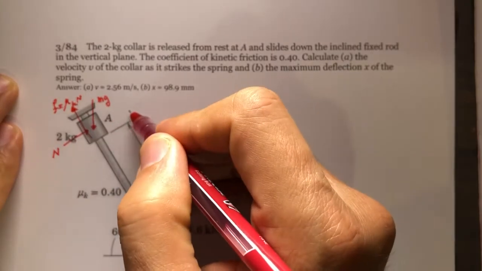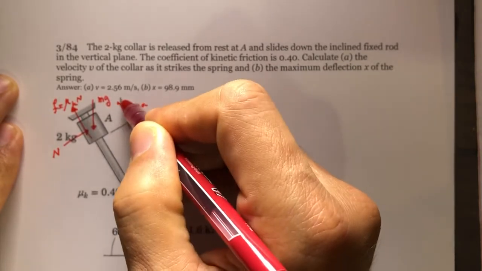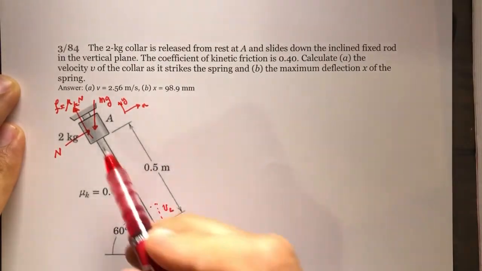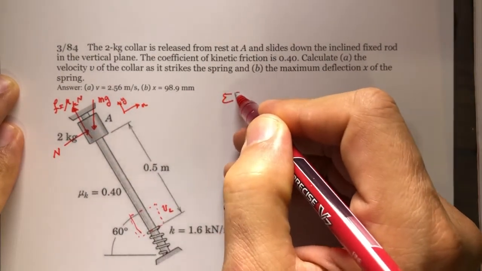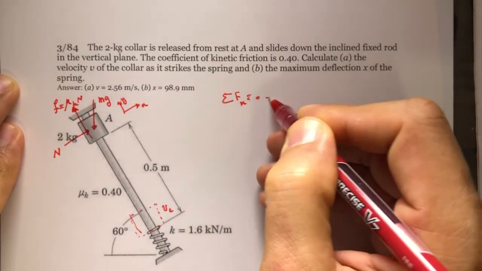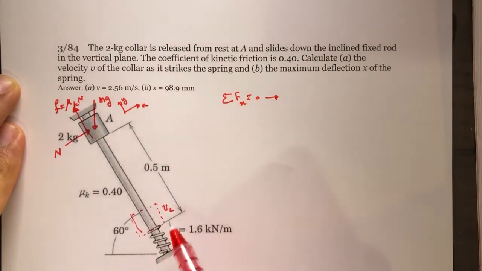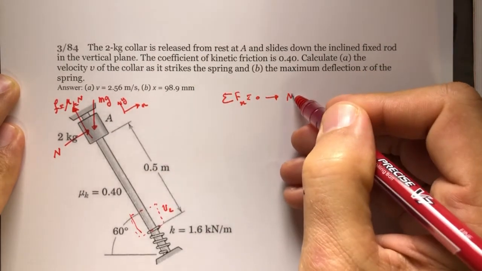If I call this direction x and this direction y, the sum of the forces in the x direction must be equal to 0, because this mass is not moving in that direction. Because of that, N minus mg times sine of 30 should be equal to 0.